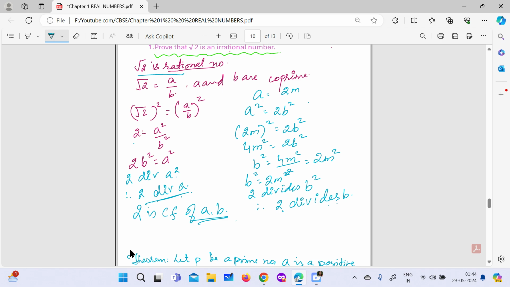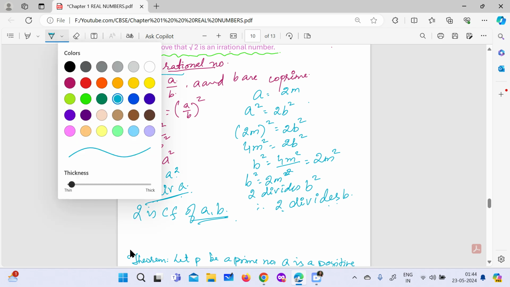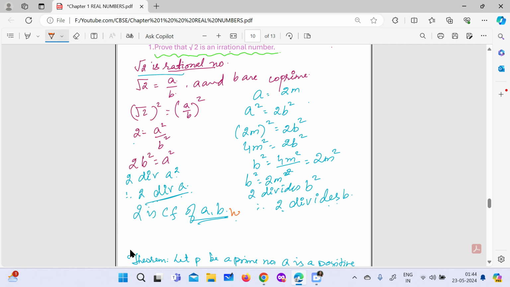So we can write here 2 is a common factor of a and b, which contradicts the fact that a and b have no common factor, or you can say are co-primes, no common factors.